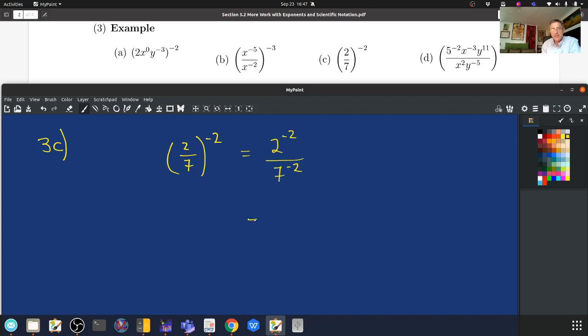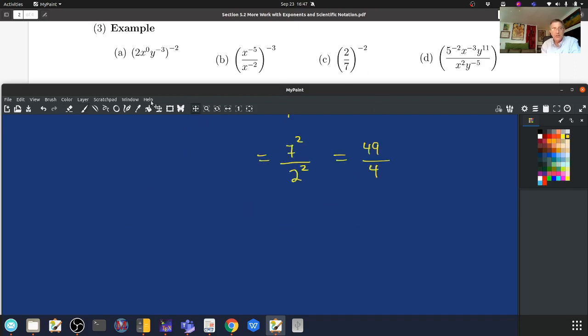And my next step is going to move the denominator across the division line to the numerator, and the numerator across the division line to the denominator, so I get positive exponents. 7 squared is 7 times 7, which is 49. And 2 squared is 2 times 2, which is 4. So that's 49 fourths.